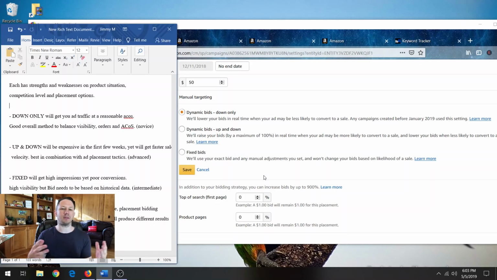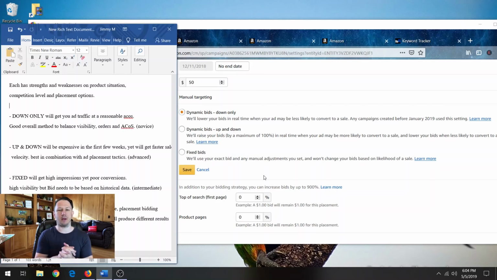So if they just go to Amazon.com and they're not logged in, and you have dynamic down, for example, you are more likely to not show up on, say, a product page or in the search results, because the person is not logged into their Amazon account. Because if somebody's not logged in, they're not as likely to buy, and plus, it could be bot traffic or something.